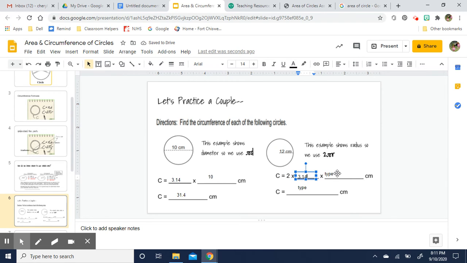And we have to do the radius, which is 12. And when you plug in your calculator, you're allowed a calculator for this part. We're saying 2 times 3.14 times 12, and we get 75.36.